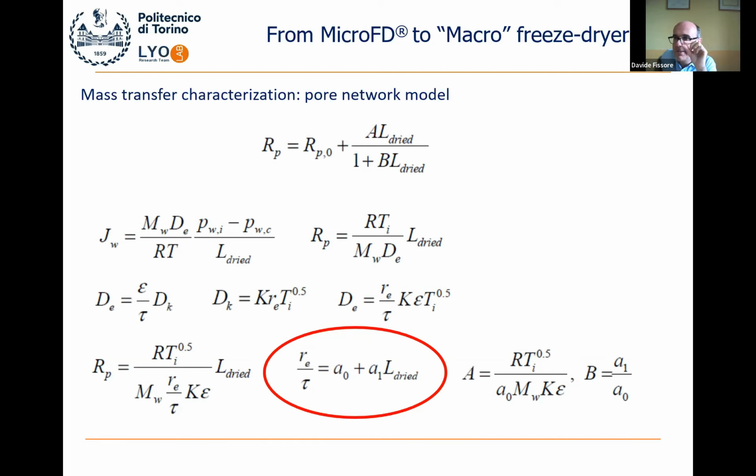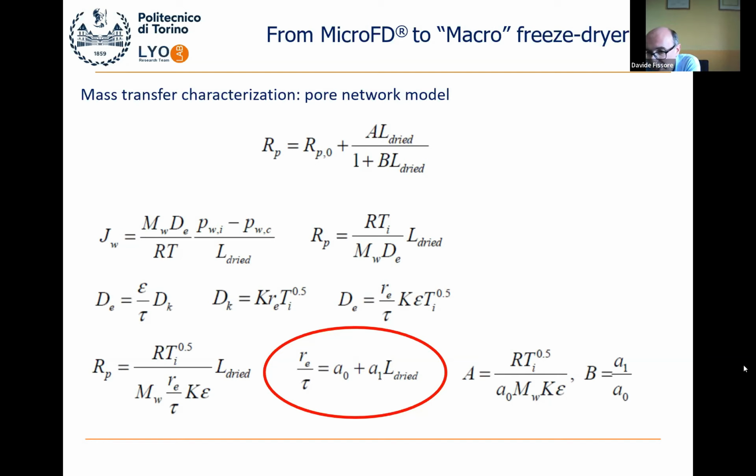This reflects that there is a layer at the beginning of the cake with small pore radius that is responsible for most of the resistance, and even if we increase the thickness of the cake, this does not result in a significant increase of the resistance. This is the explanation for the asymptotic trend, and it is obtained by this analysis.